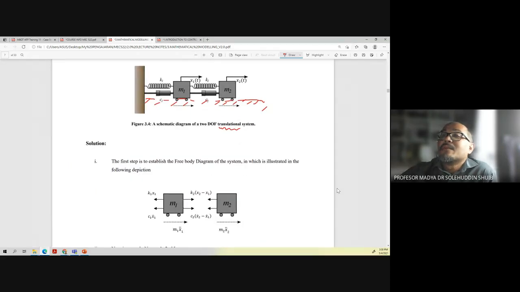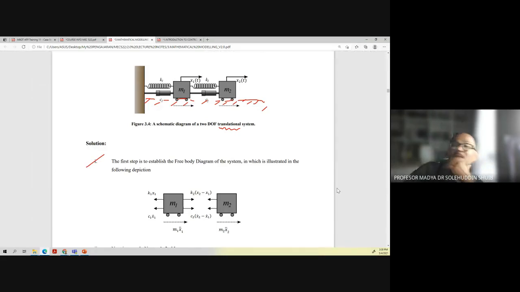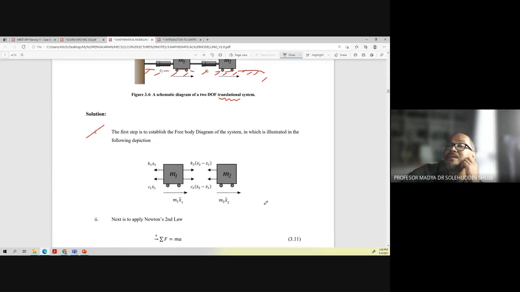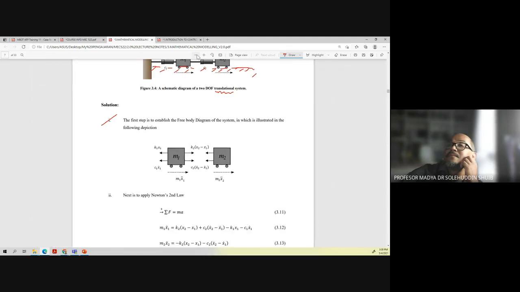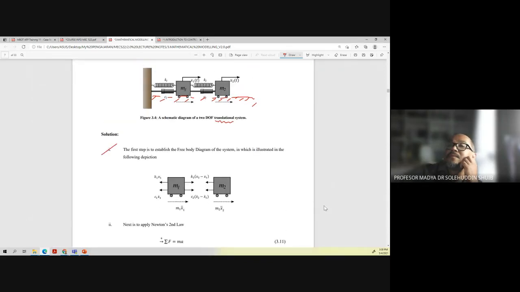I think all of you remember this. We want to establish, first step, the free body diagram of the system for these two masses. This one we have learned in gravitation. So we draw the free body diagram. So this is M1, this is M2.